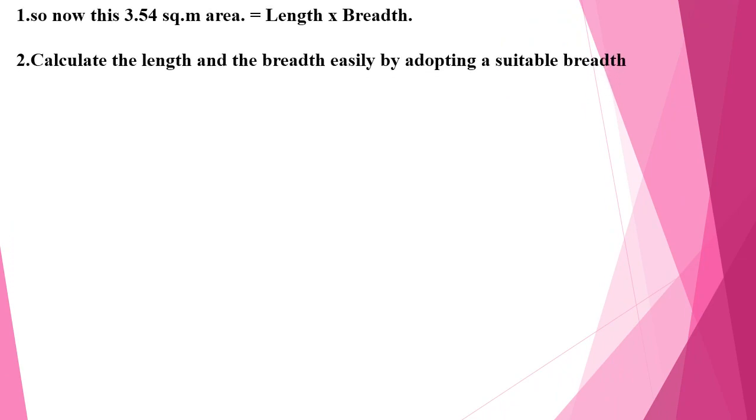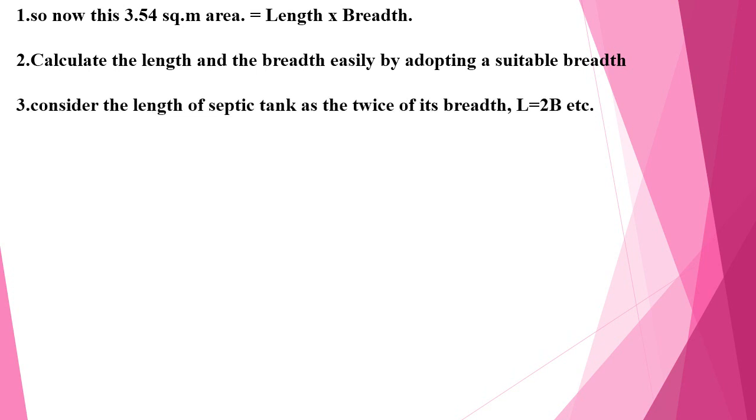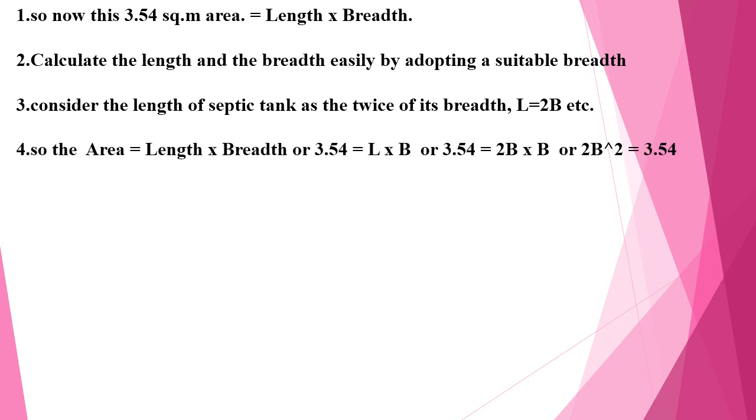be 3.54. As we know the area, we have to derive length and breadth. The length and breadth can be derived by adopting formulas. The length of the septic tank shall be twice the breadth. That means length is equal to 2b.